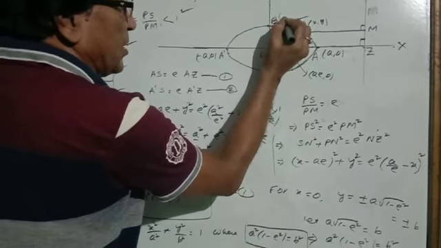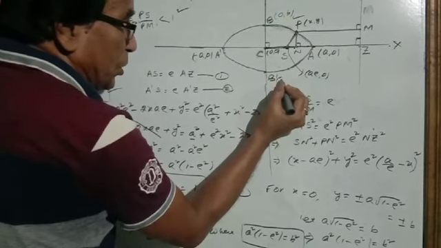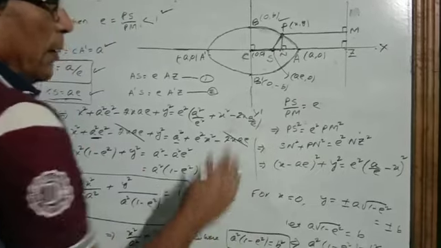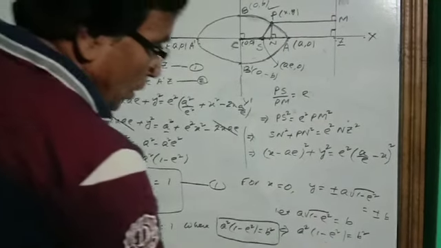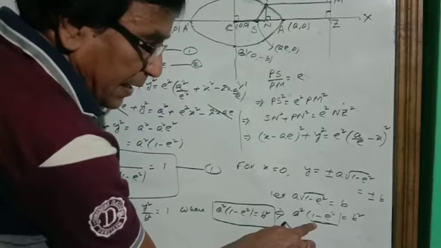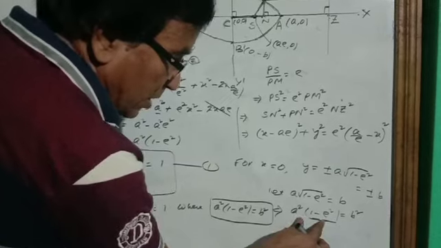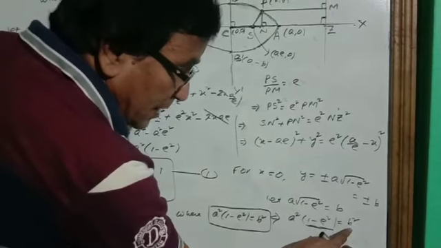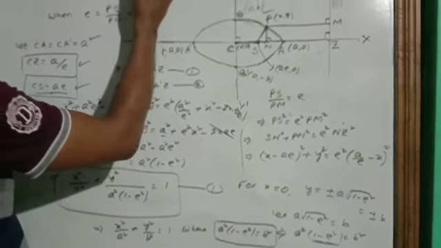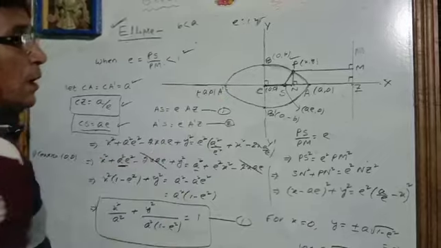So this point is 0, b, and this point is 0, minus b. Since 1 minus e square is a quantity greater than 0 and less than 1 multiplied by a square, its value must be less than a square. That means b square is less than a square, so b is less than a.